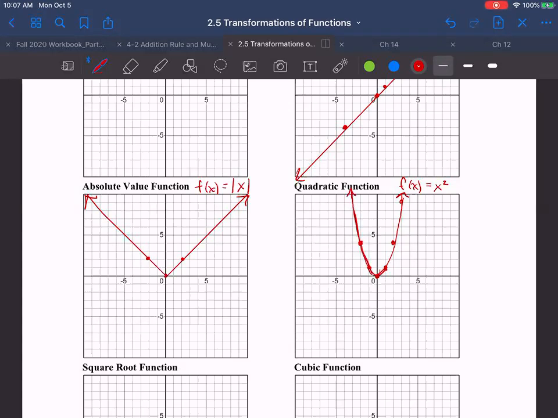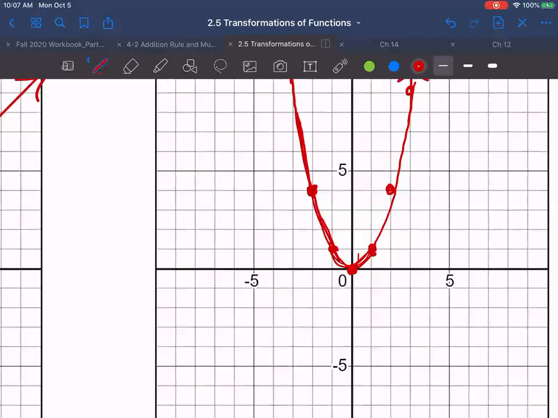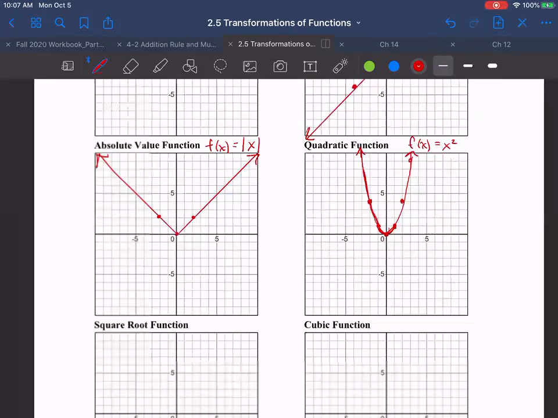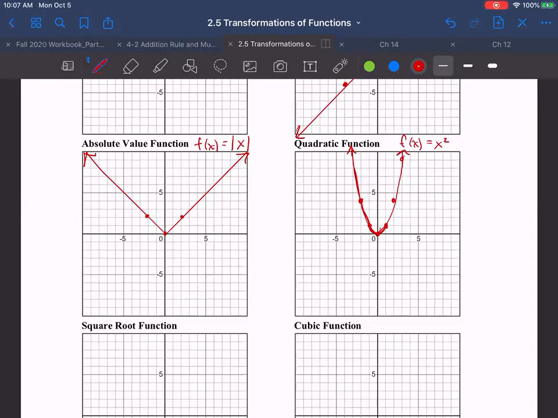It's definitely U-shaped down here at the bottom. It's not going in like a straight V, but curved down there at the bottom. So just be careful of that. Sometimes they're so narrow that they look kind of pointed, but it's curved. All right, and so that's your quadratic function. The next one is a square root function.